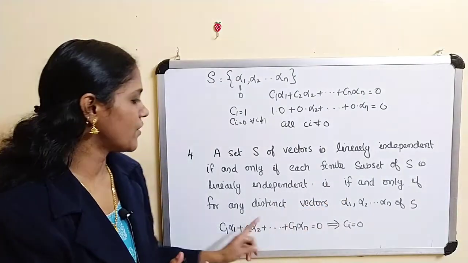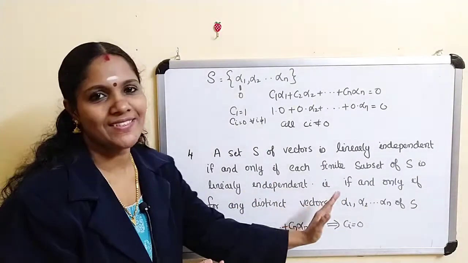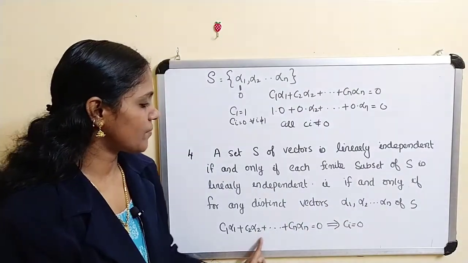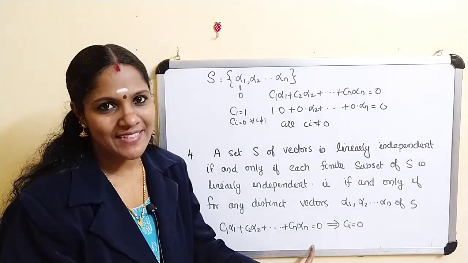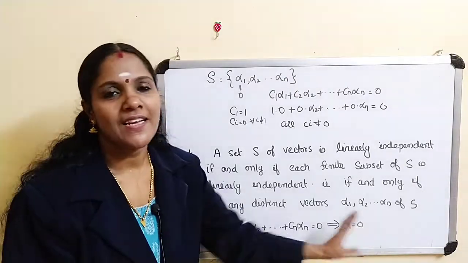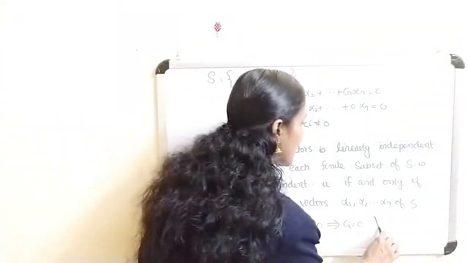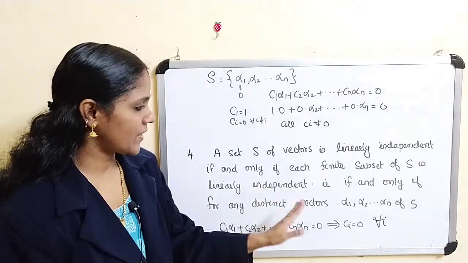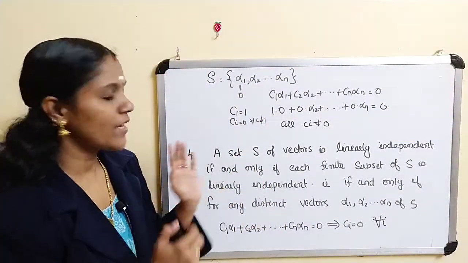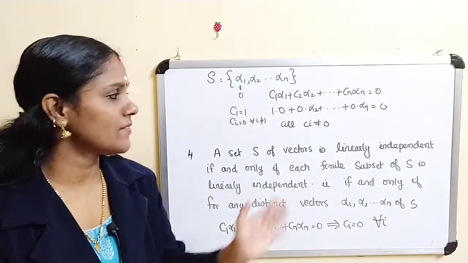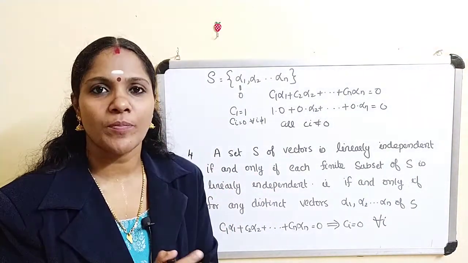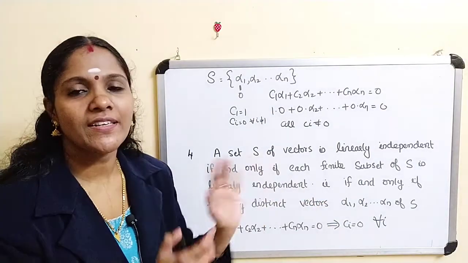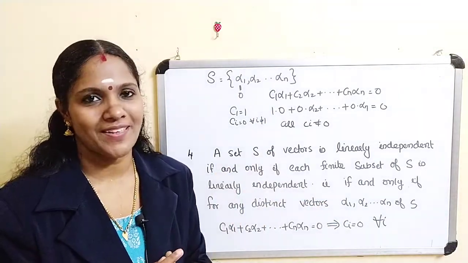That is, if and only if you take any distinct vectors alpha 1, alpha 2 etc. alpha n in S, C1 alpha 1 plus C2 alpha 2 plus etc. plus Cn alpha n equal to 0 implies Ci equal to 0 for every i. Then only we call this set linearly independent. That means if S is a set of vectors, then S is linearly independent if any finite subset containing alpha 1, alpha 2 etc. alpha n is linearly independent.